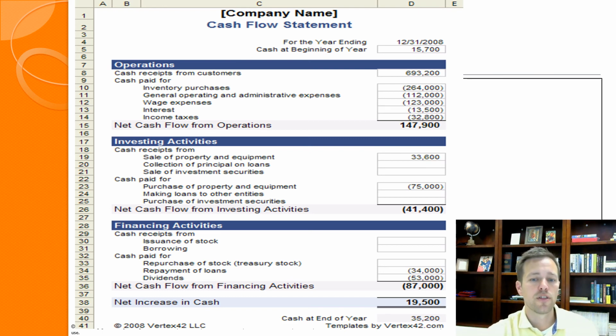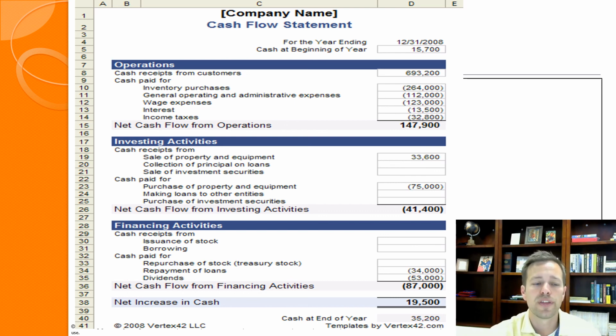So here's just another example of a cash flow statement, and this is the cash flow statement summarized for all of the year 2008. Notice at the top you've got your cash at the beginning of the year, $15,700. That's the cash position that you start with. And then here's operations, cash coming in from operations, $693,200 of revenue.